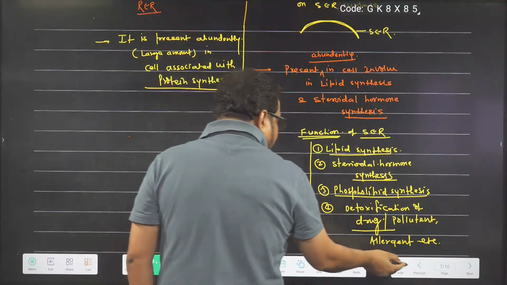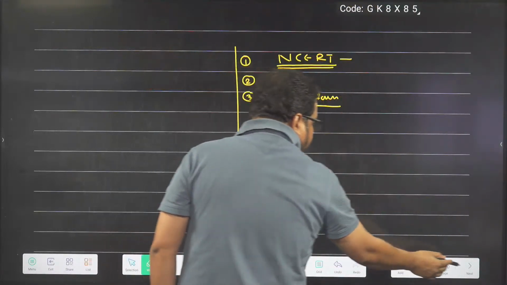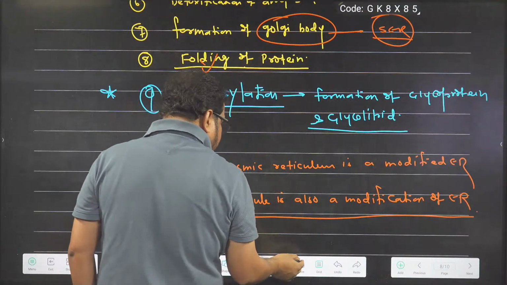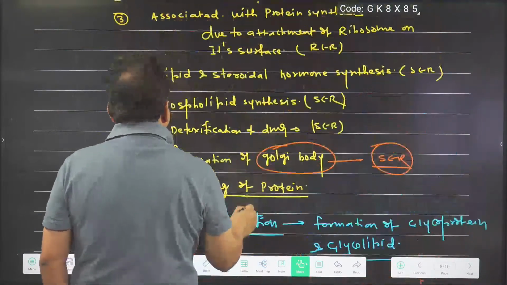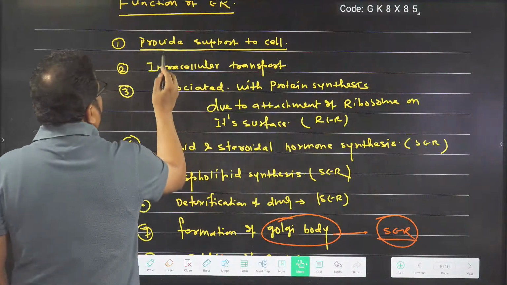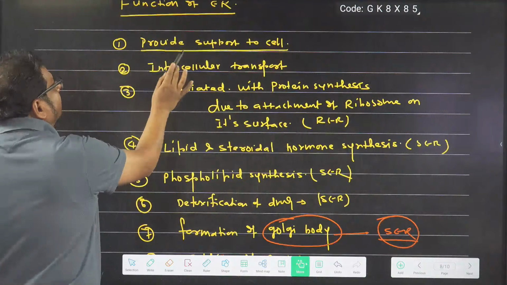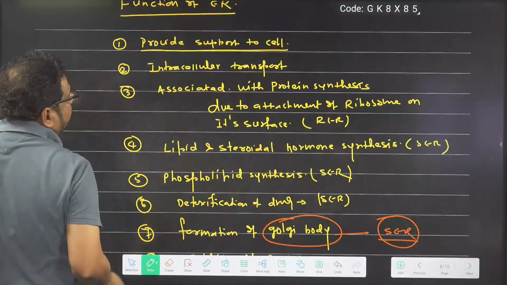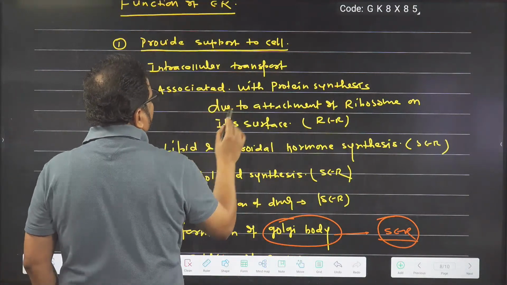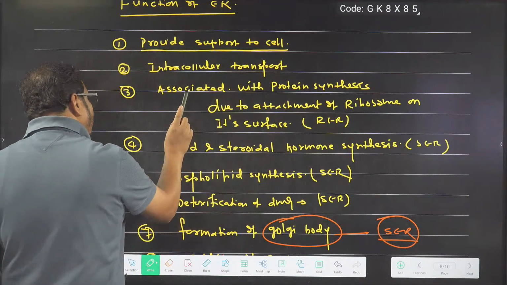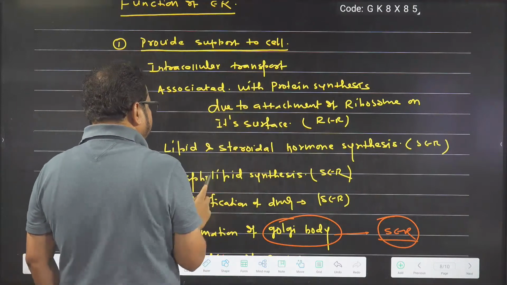Got the idea? Then I wrote the combined functions of the endoplasmic reticulum, nine or ten things. Provide support to the cell. The cell organelle that provides support is ER. Intracellular transport. Associated with protein synthesis due to attachment of ribosome; it does not do protein synthesis, the ribosome does it.